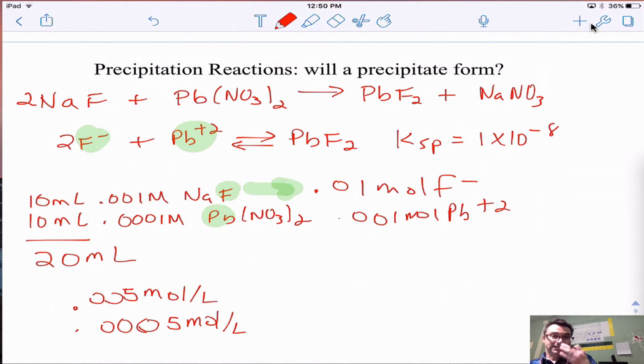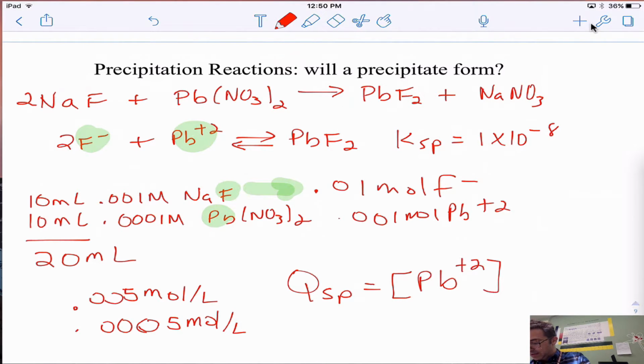Now I can take this and plug it into my Ksp. I'm not sure if a precipitate is going to form, and if I'm not sure that a solution is at equilibrium, in that case I would use a Qsp. It looks the same as Ksp, just like Q looks the same as K. So we have our Pb²⁺ and our F⁻ squared. Now I plug in my values.